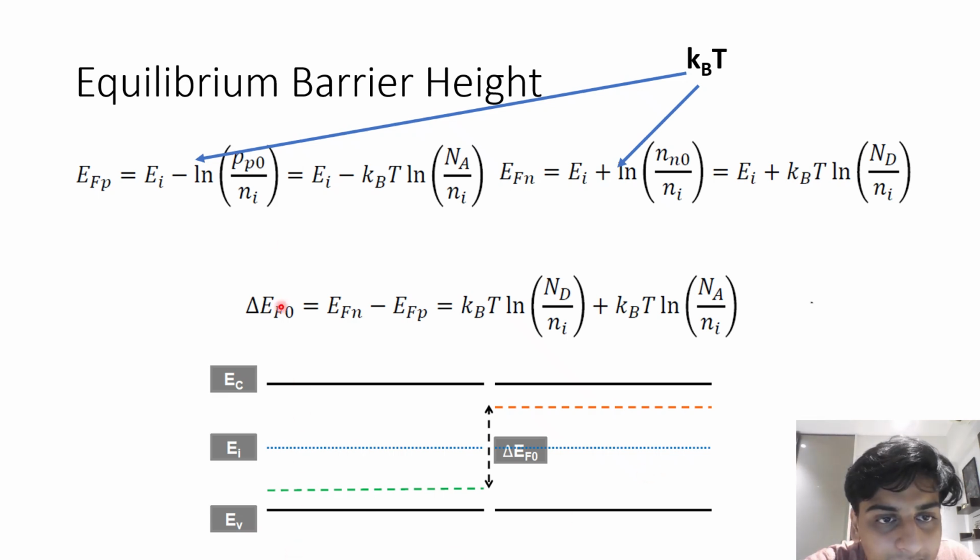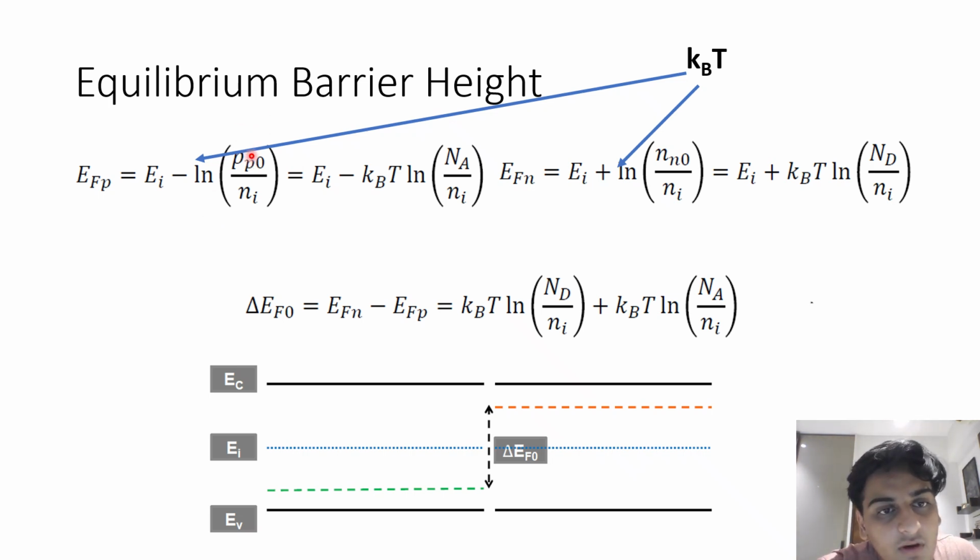So we know that based on the expression for the hole concentration with respect to the intrinsic concentration and this Fermi level and intrinsic Fermi level, we can get this expression where you have EFP, which is the Fermi level on the P side, is the intrinsic Fermi level minus kT times the log of your concentration of holes on the P side upon your intrinsic carrier concentration. You can go back to those formulas and verify that this is true, or you can just take my word for it right now that it is.